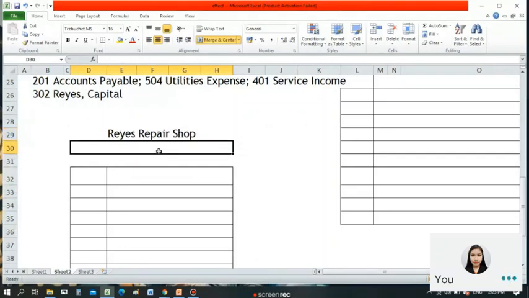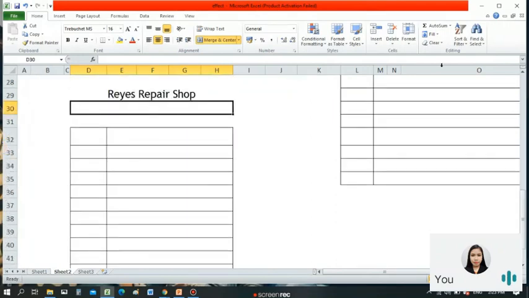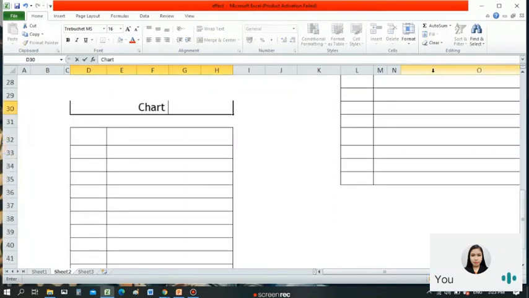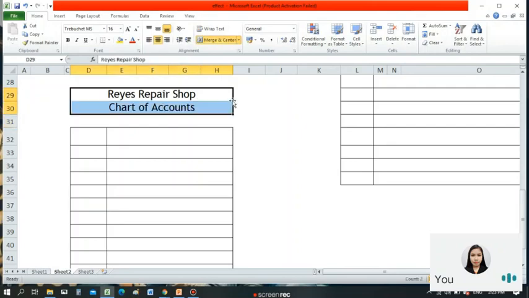The preparation that we're preparing is chart of accounts. Again, I told you how to write the proper name of the chart of accounts. So S must be on the accounts. Again, those two must be on center. So now we're done preparing the heading.